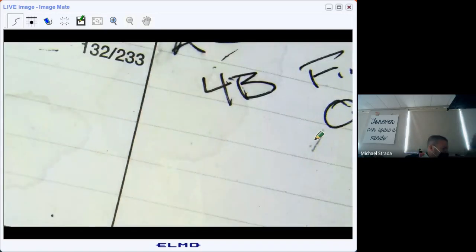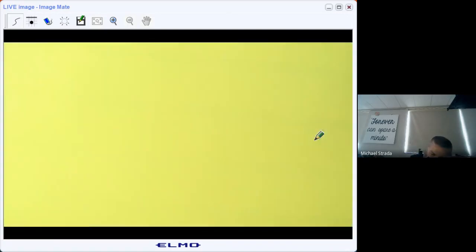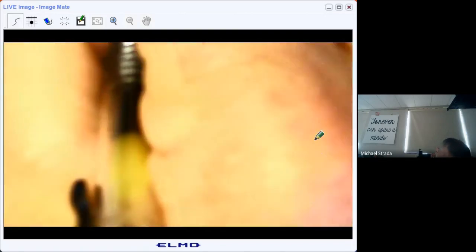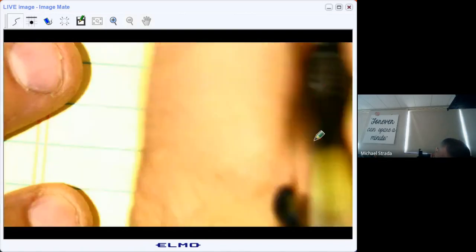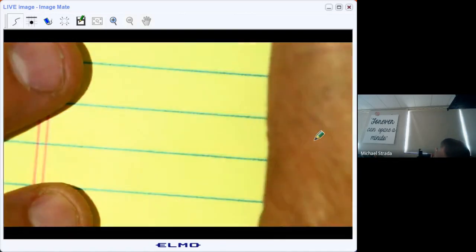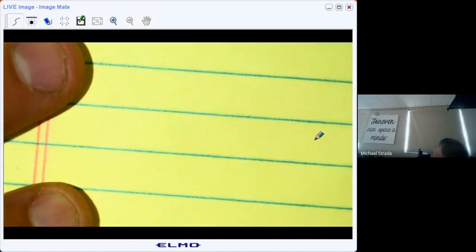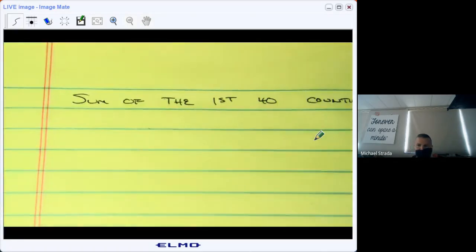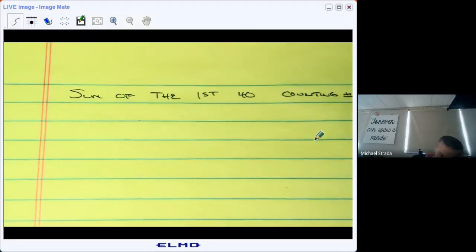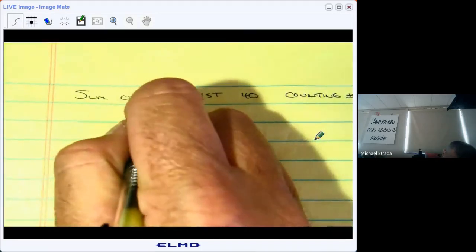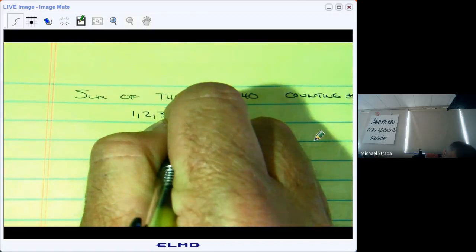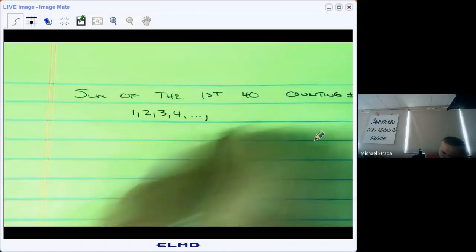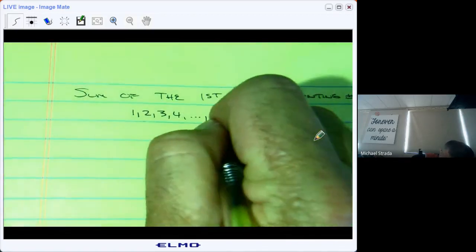For example, if they want the sum of the first 40 counting numbers, that would be 1, 2, 3, 4, all the way up to what? 40.